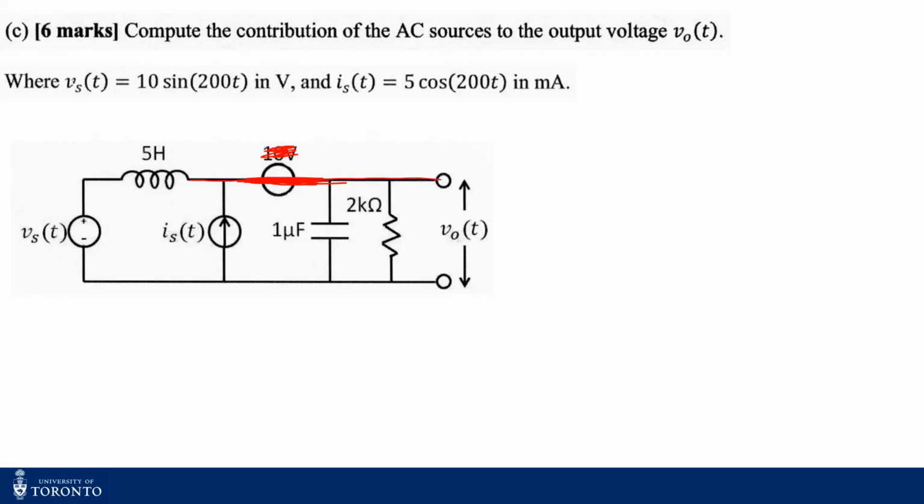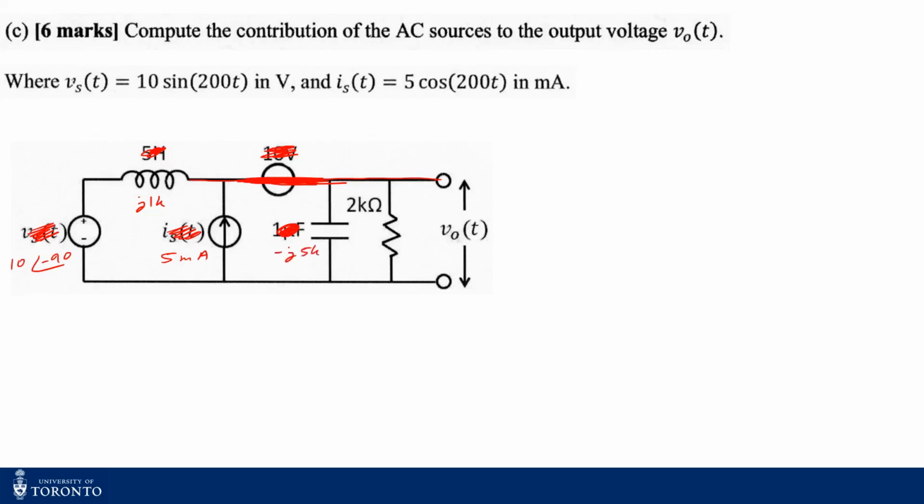Now I'll replace these by the phasor values, as I did before, just for simplification. So these are the time values. This is 10 angle minus 90 because this was sine, right? This is 5 milliamps, this one is j1k, and this one is minus j5k.